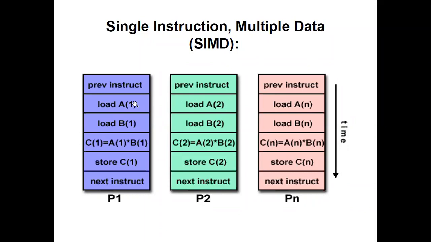The change is that the data is different. That is why it is called single instruction, multiple data. Here load A1 is being executed, here load A2, and here load AN. The data is changing in this single instruction, multiple data, so that is a certain kind of parallel computer.